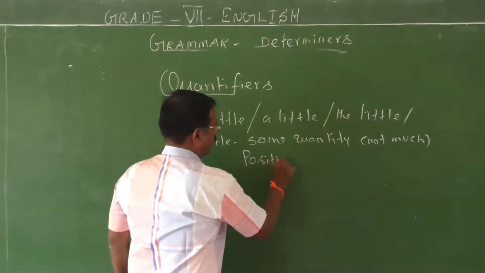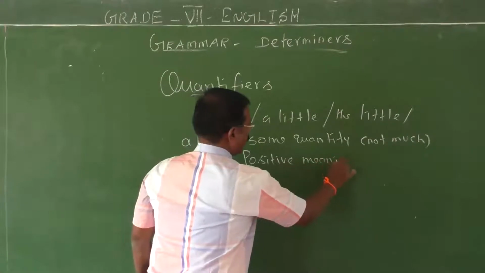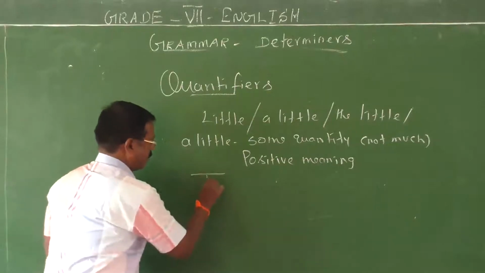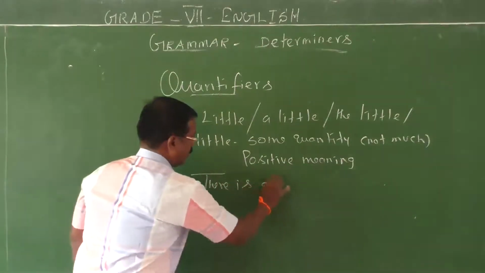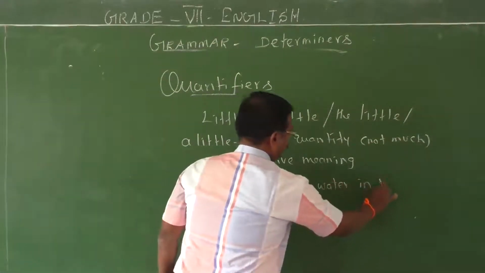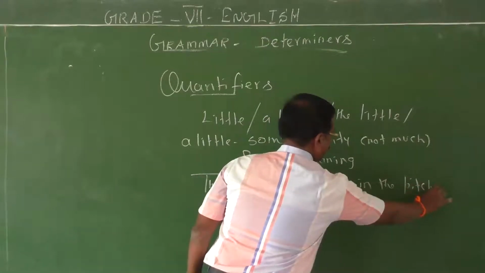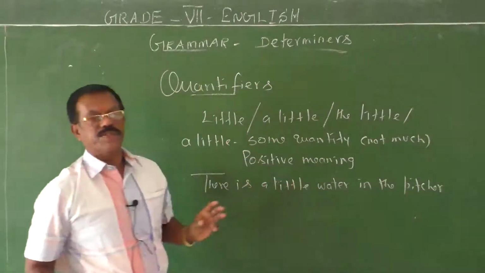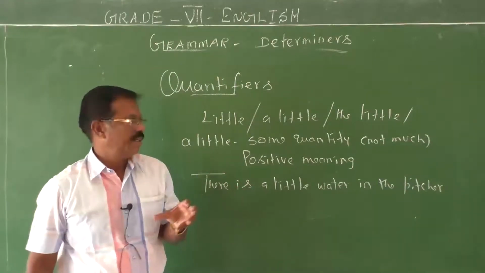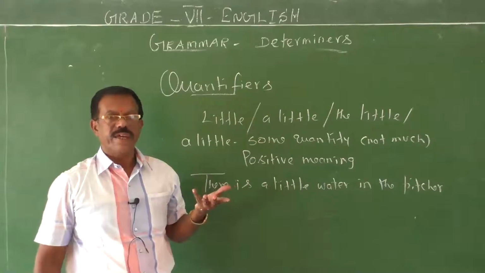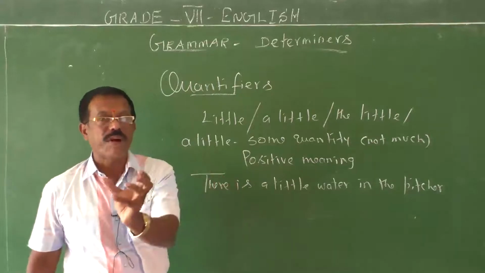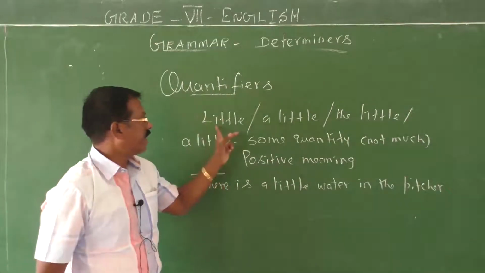Example: there is a little water in the pitcher. It means some water is there in the pitcher because it gives a positive meaning. So little is different from a little. Little means nothing. A little means some quantity but not much. One gives a negative meaning, the other a positive meaning.